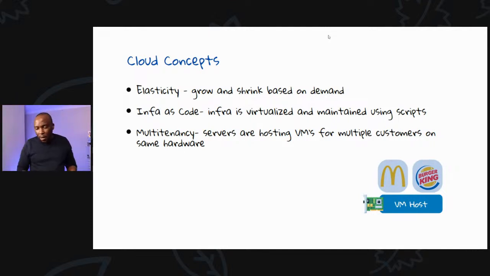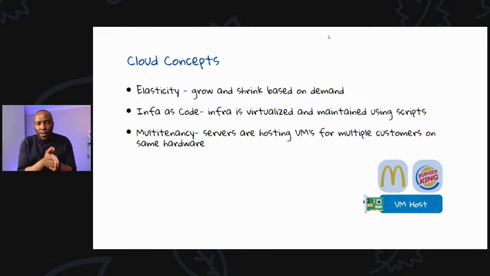The second one is infrastructure as code. Infrastructure as code is the transformation of networks being built using code. I know it might not seem to make much sense, but I'll try and explain it.